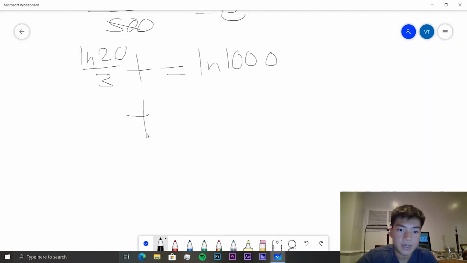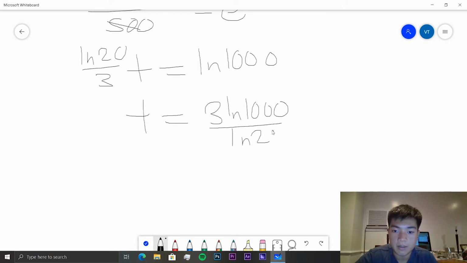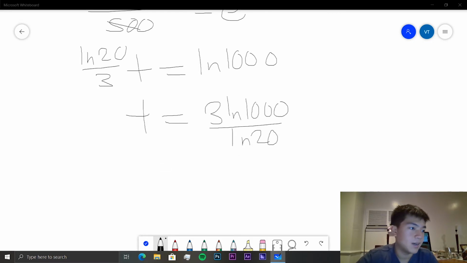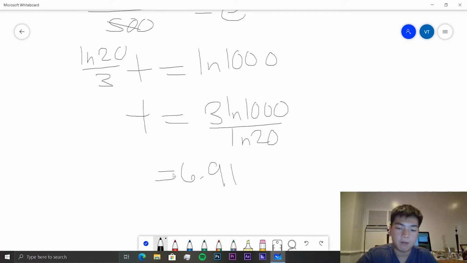So t is equal to 3 ln 1,000 over ln 20. And this is probably a decimal. So let's put into the calculator 3 ln 1,000 divided by ln 20. And we got something like 6.91 hours. So you need to exceed this, you need at least 7 hours.